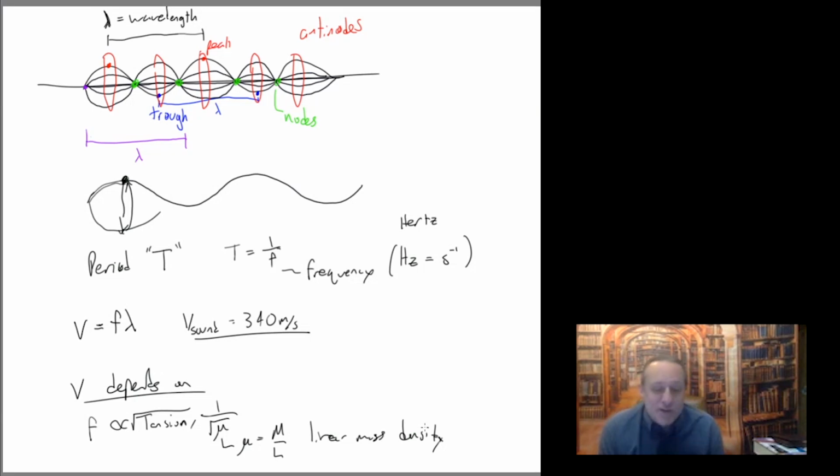Of course, the length of the instrument is involved as well, because the longer the wavelength, the lower the frequency. So technically, it's not really the frequency that's changing with the tension and the mass density, it's the velocity.